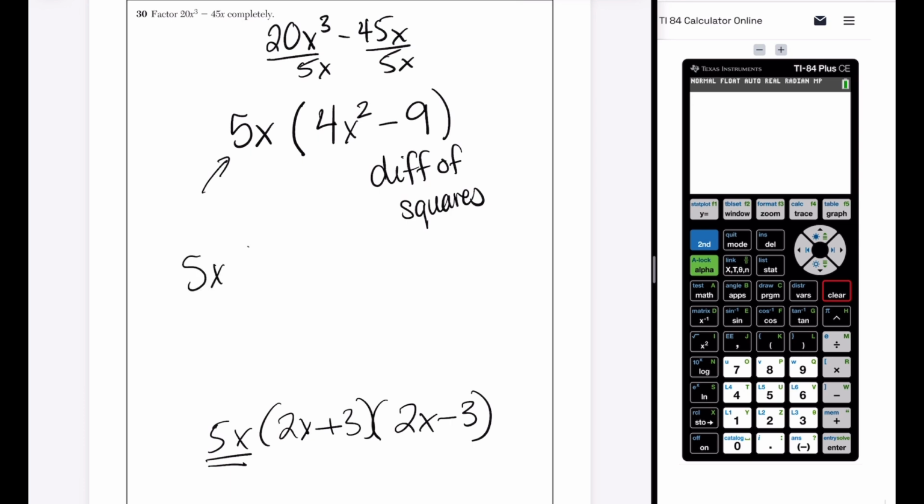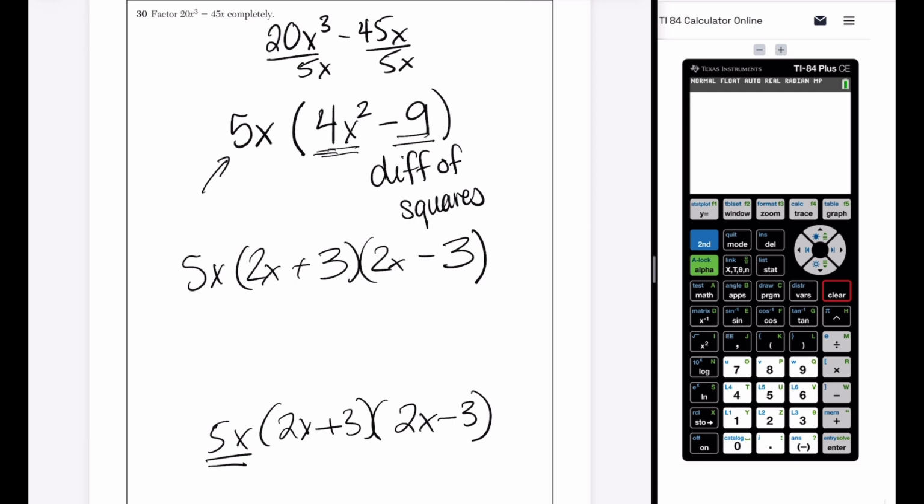Forget the 5x for a second. Because I see that 4 is a perfect square, and even 4x squared is a perfect square. So I can have 2x and 2x. And here I have a 9, which is a perfect square, but it's a negative 9. So I have a 3, a plus 3, and a minus 3. And that's how I got that one.